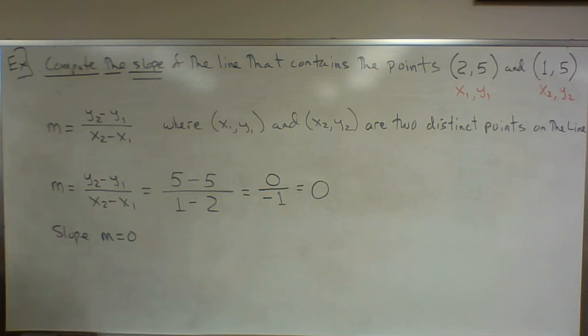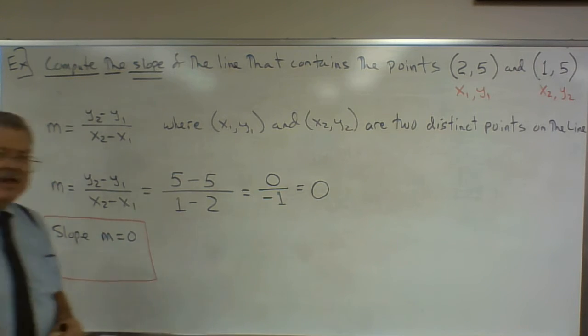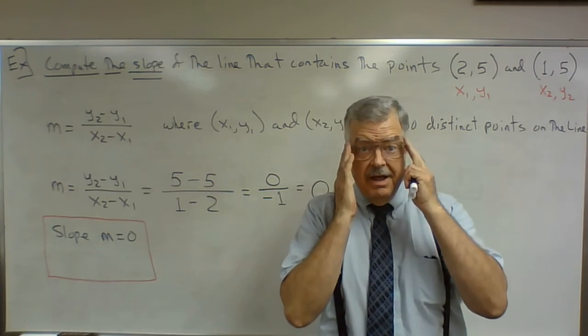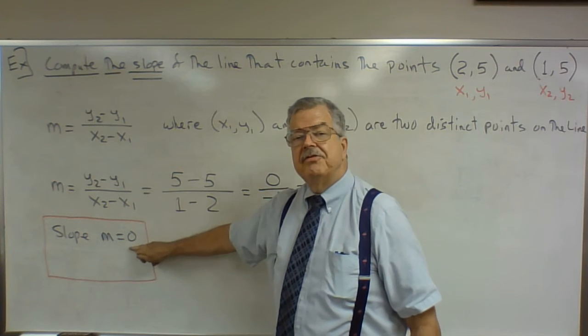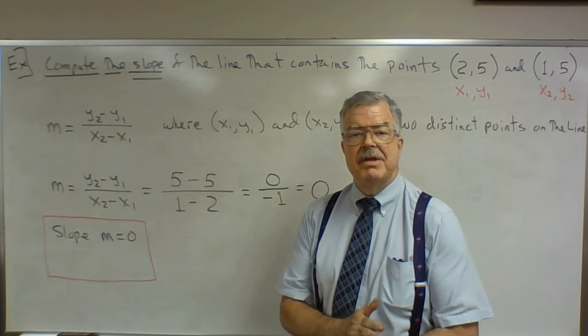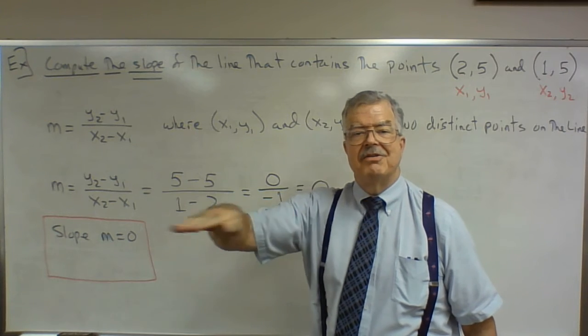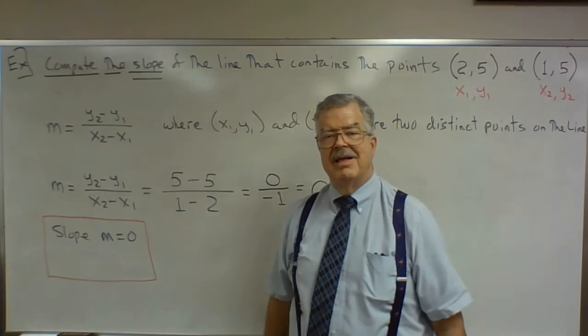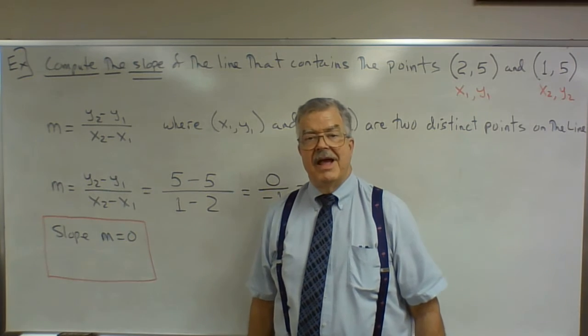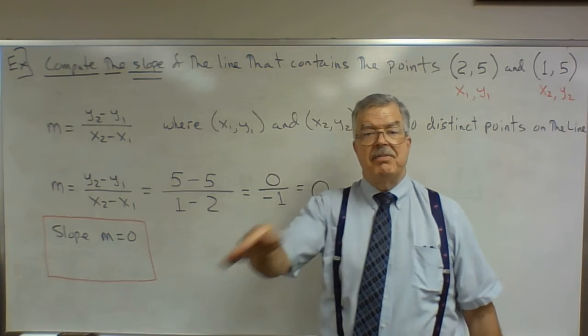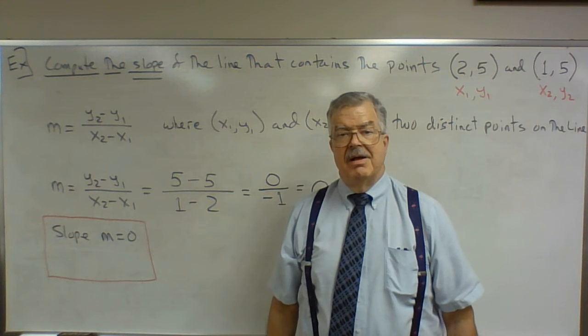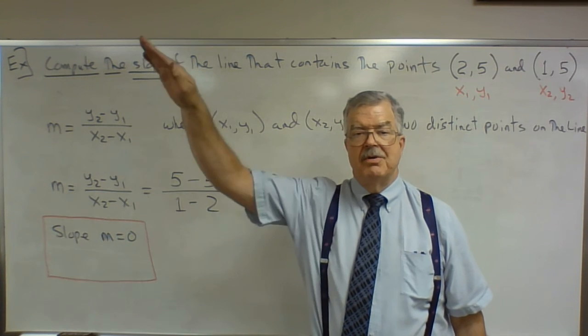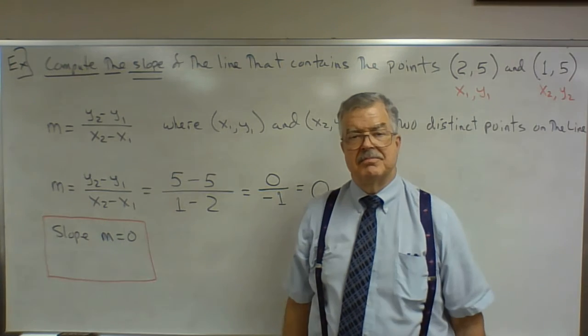Huh. Is this legal? Is it legitimate? From the other videos, you might remember that it is. If the slope of a line is 0, what that means is it's a horizontal line. A line that has positive slope goes uphill from left to right. A line that has negative slope goes downhill from left to right.